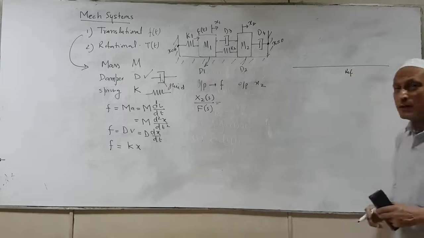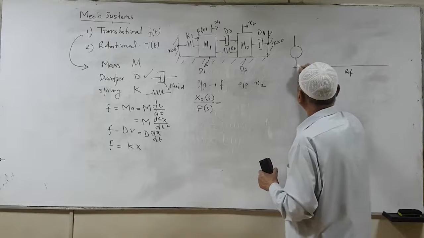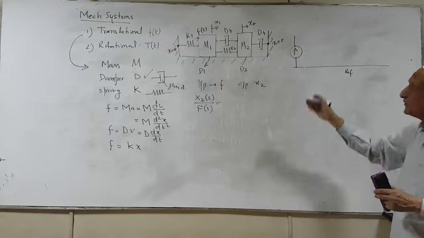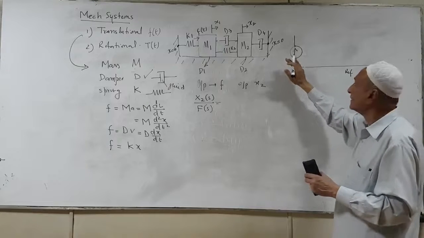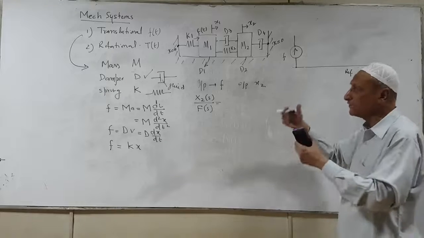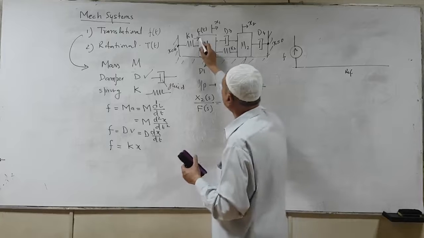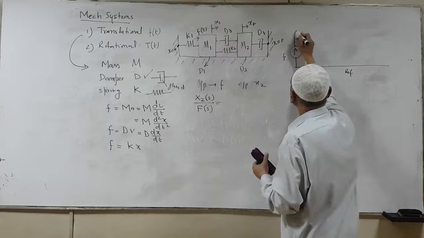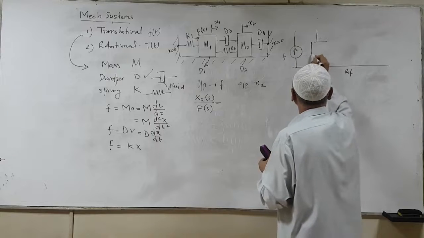Now first of all, indicate the force. Now a force is just like a current source. Even if you don't put an arrow over here, that doesn't make any difference. This force is an acting force on mass m1. Now, the force is acting on mass m1, so we directly have this mass m1.